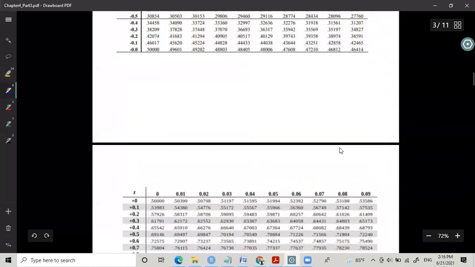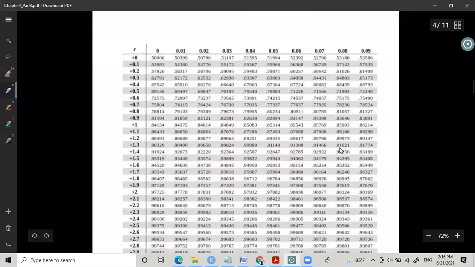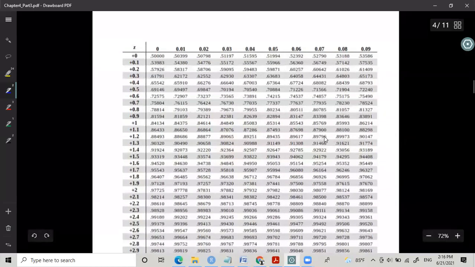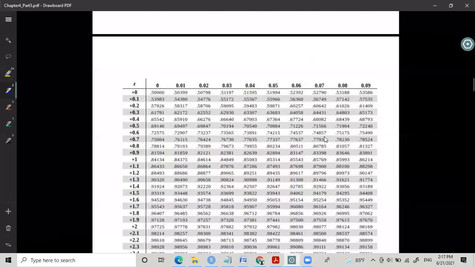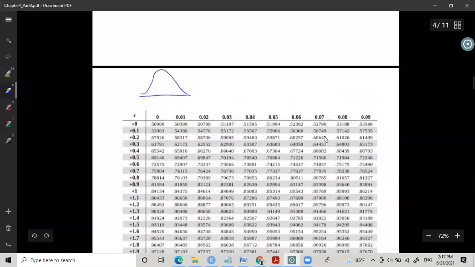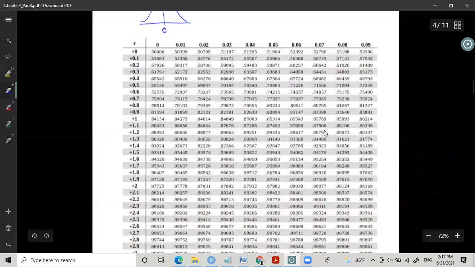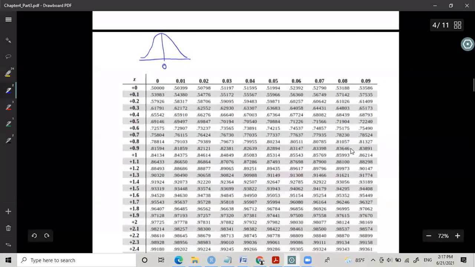Let's go to the right side. Okay, let's try an example. So I want the probability. So here's my bell, 0. Now my Z scores are in the positive side. Okay, so let's suppose this is my positive 1.28.